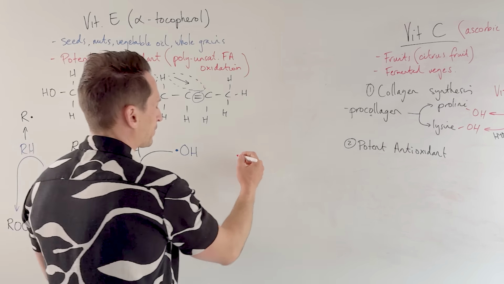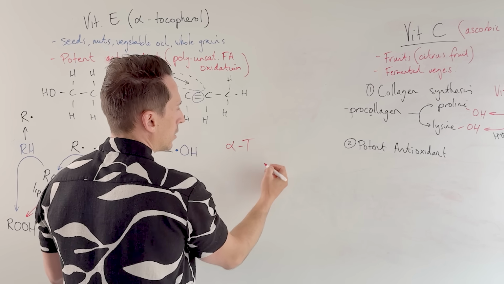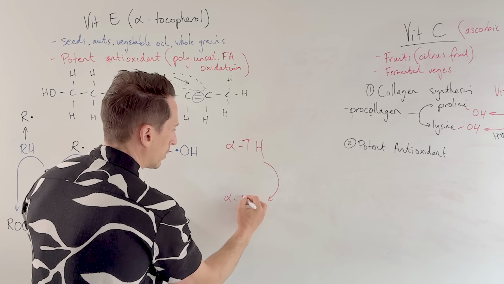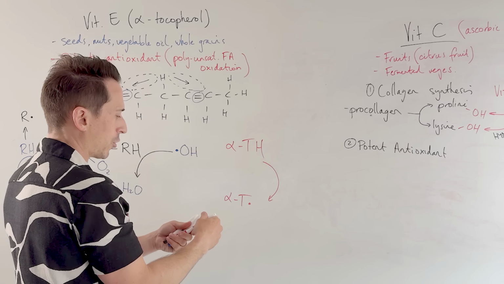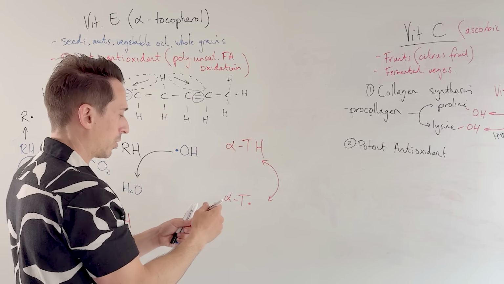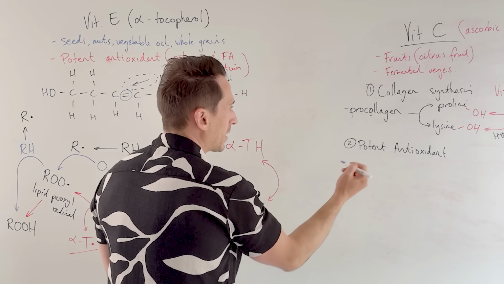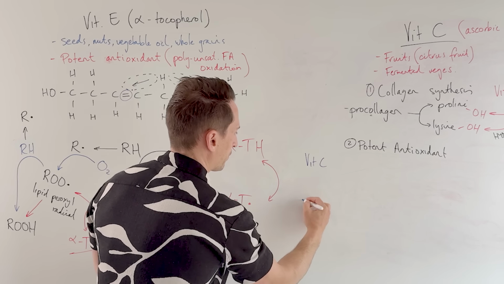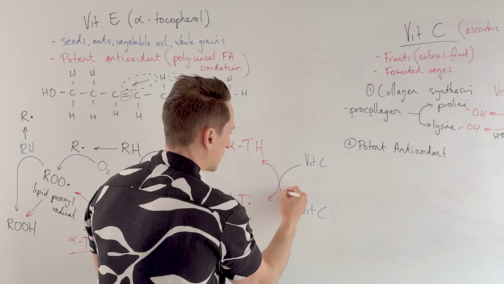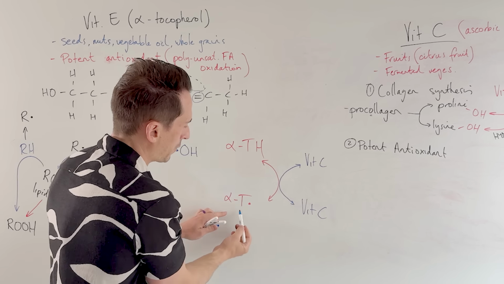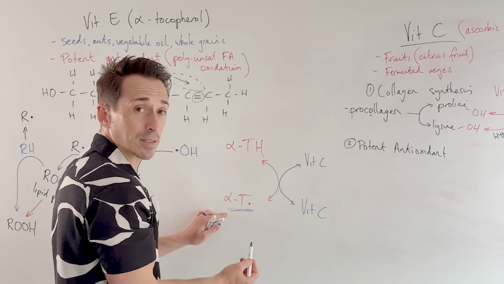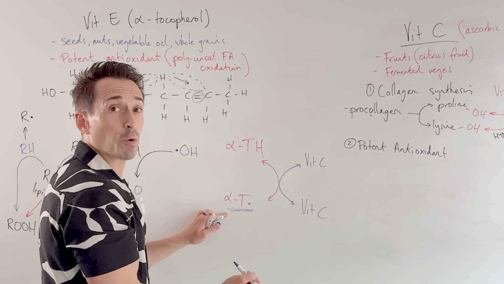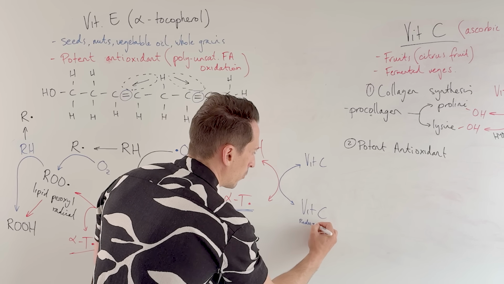So what we get is, if we have alpha tocopherol, and it turns into a more unstable version, this is obviously a reversible reaction. What can happen is vitamin C, so you've got different forms of vitamin C. If you've got this form, the unstable version, the radical version, vitamin C, which is reduced, now you might be going, what the hell does that mean?